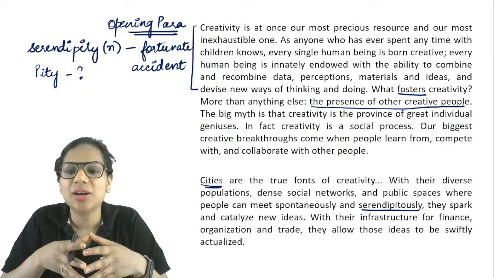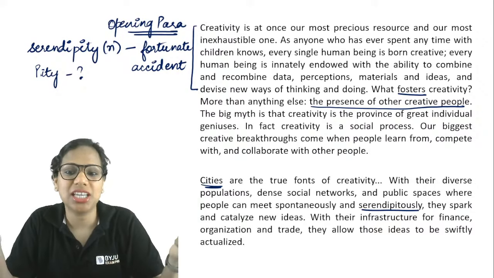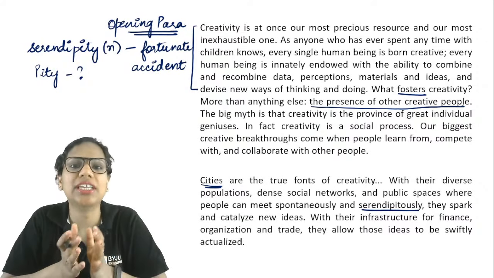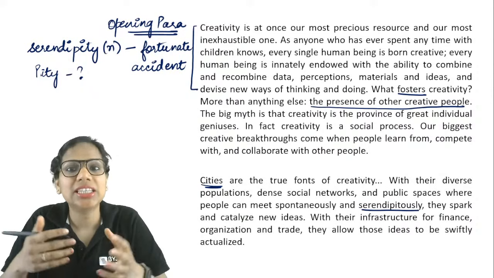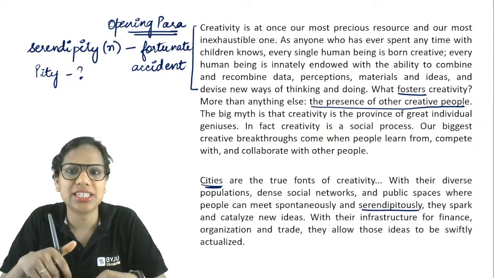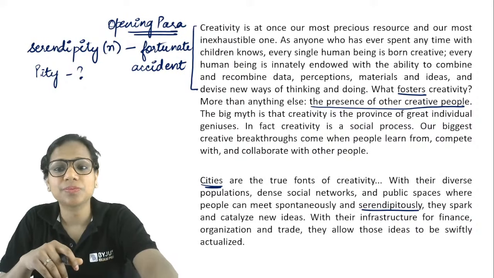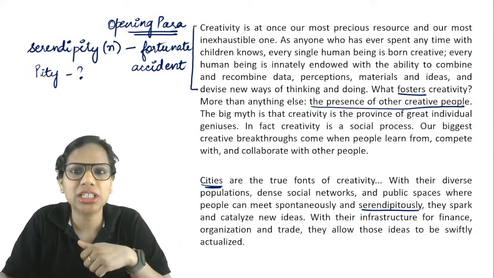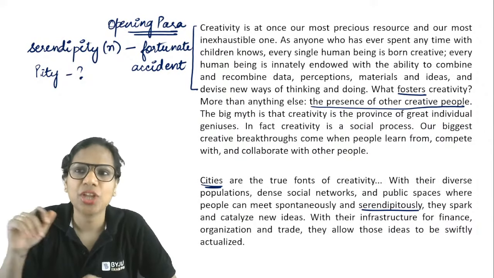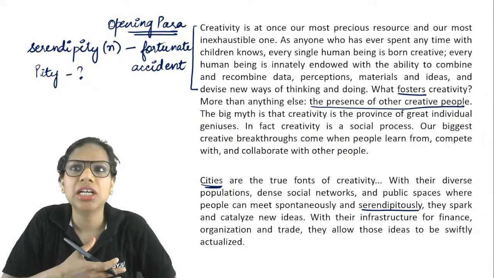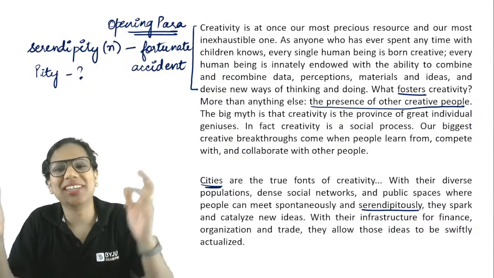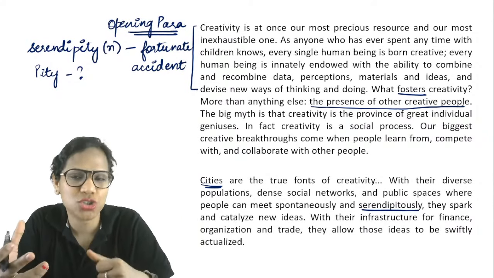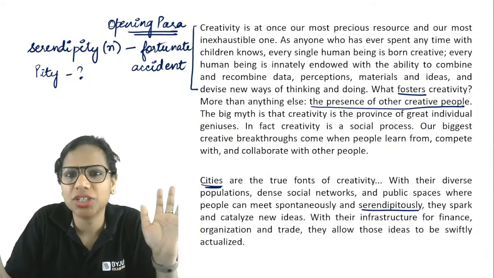So, in cities, people can meet spontaneously and serendipitously. They spark and catalyze new ideas. With their infrastructure for finance, organization, and trade, they allow those ideas to be swiftly actualized. Right? So, now imagine this. Let's say you met a neighbor in the park. You hadn't really met this neighbor earlier. Now, the two of you start discussing a recipe of a new dish that you haven't really encountered anywhere.